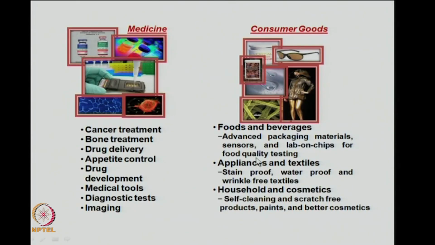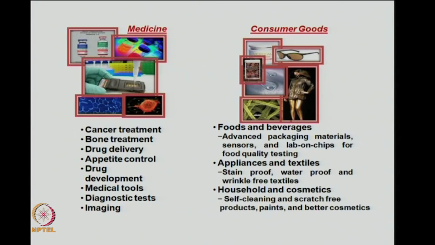In smart appliances and smart textiles, like stain proof textiles and waterproof textiles, there is a lot of work which is already going on, and it has a lot of prospects where nanotechnology will be used.